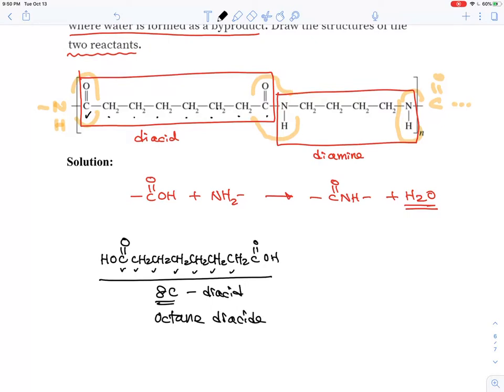And then what we see here is 4 carbons with amines attached at the end, right? So this is a diamine of butane, a butane diamine.